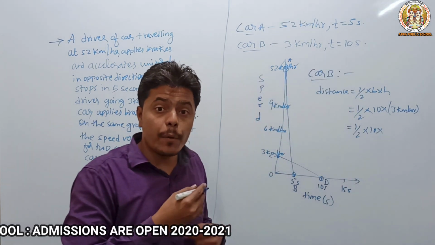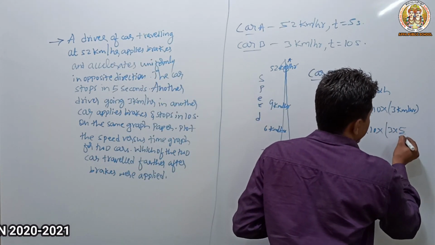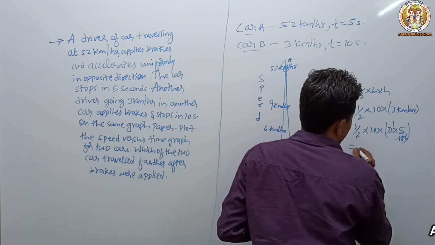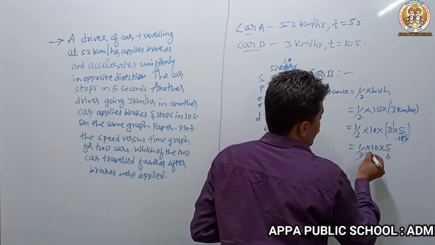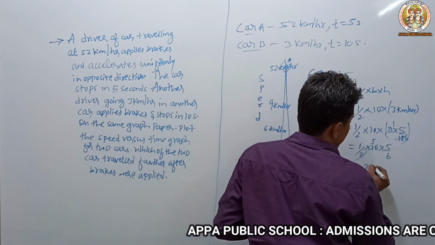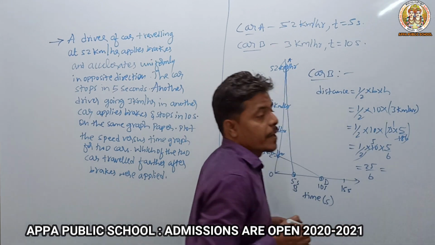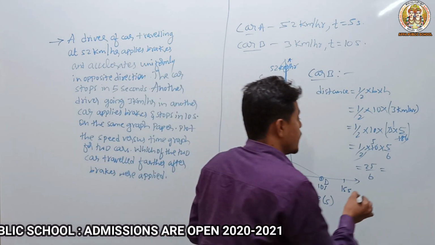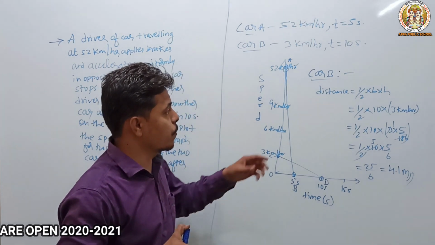So 3 km per hour I want to convert into meter per second. 3 into 5 by 18, that is 5 by 6. So 1 by 2 into 10 into 5 by 6. So 25 by 6 is nothing but 4.1 meter. We got the approximate answer for car B.